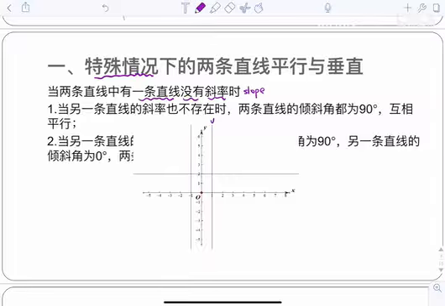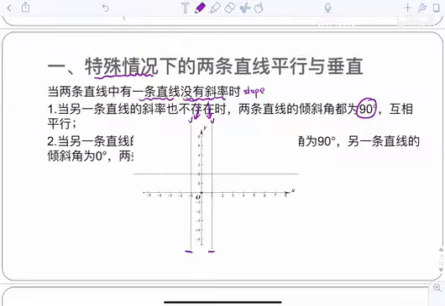This line and this line did not have the slope. So when another line also doesn't have the slope like these two, it means these two lines, the 倾斜角 tilt angle is 90 度. So these two lines are parallel.